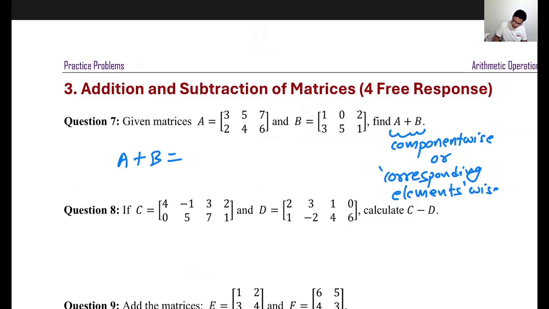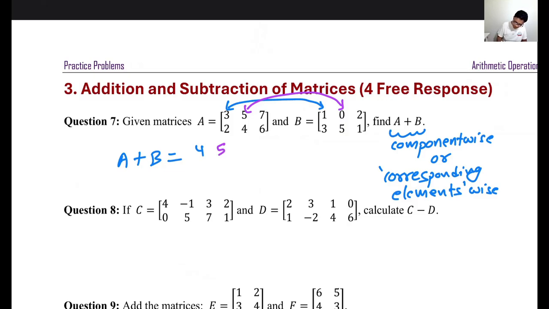Component wise means you add the corresponding elements, or add the corresponding components. The first row, first column are corresponding. So 3 and 1 will be added. 3 plus 1, 4. 5 and 0 will be added. 5 plus 0, 5, and so on.